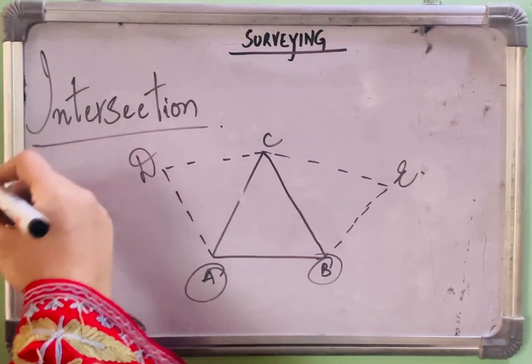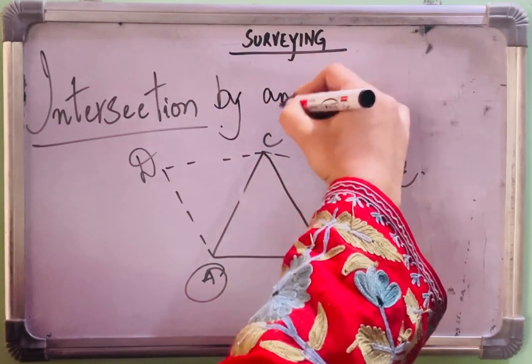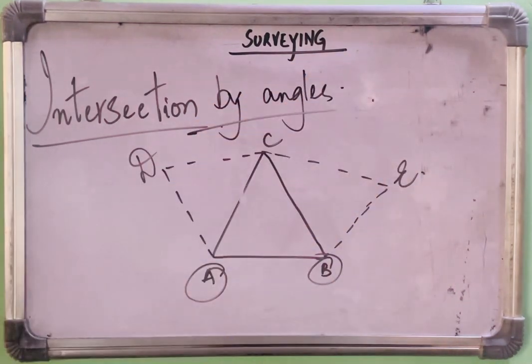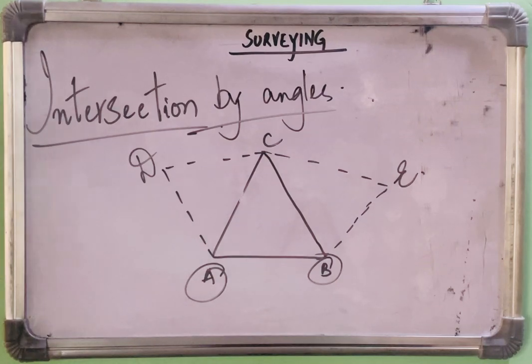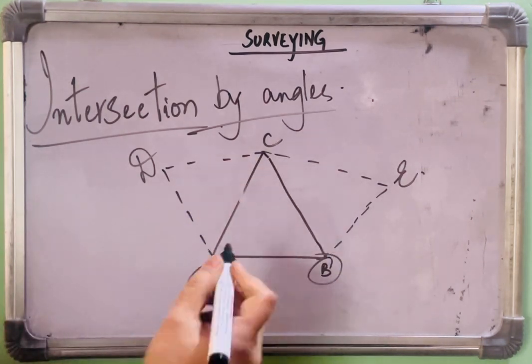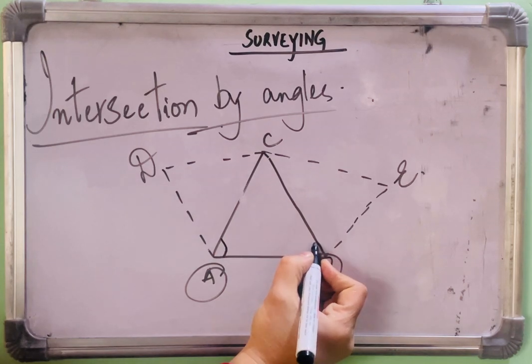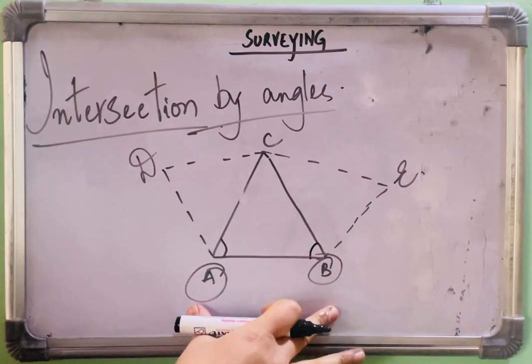Let's study intersection by angles first. The position of another point C with respect to AB can be known how? It can be determined by measuring the angles CAB and CBA. The position of the 2 points A and B is fixed. We know the distance between them.